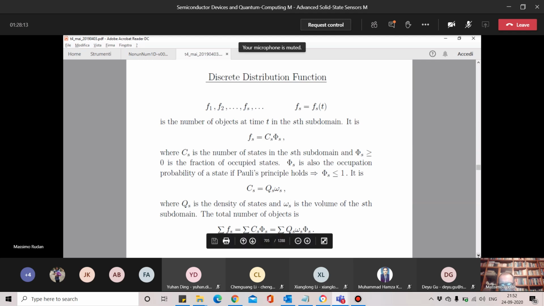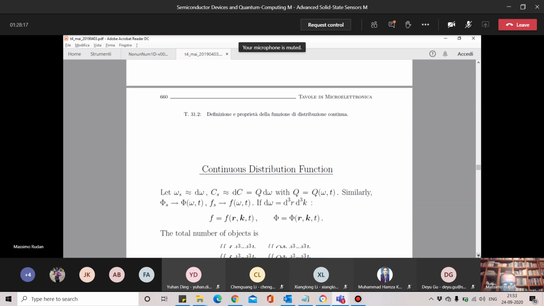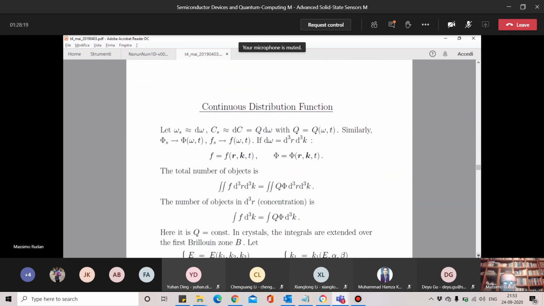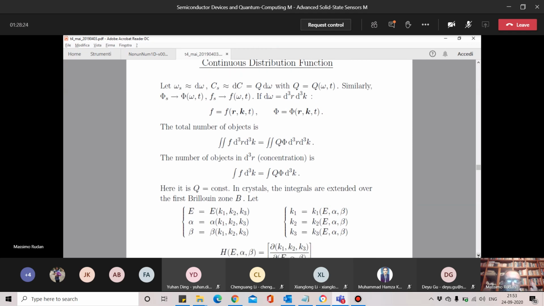Now we have to transfer this in the language of the crystal, okay? So first of all, we go from a description using discrete variables to a description using continuous variables. So the area of each seat, omega s, becomes an infinitesimal quantity.